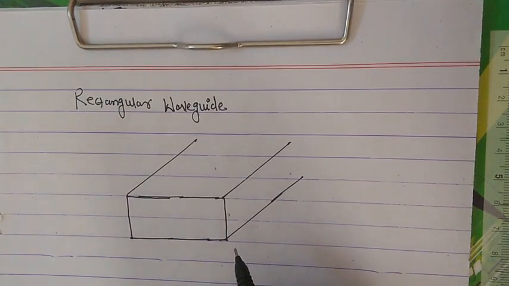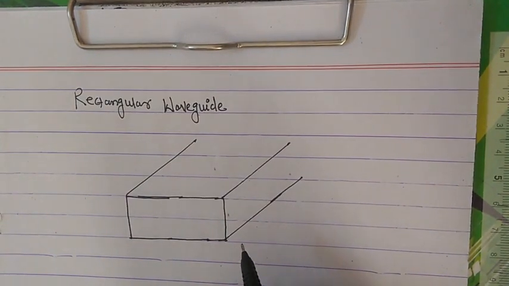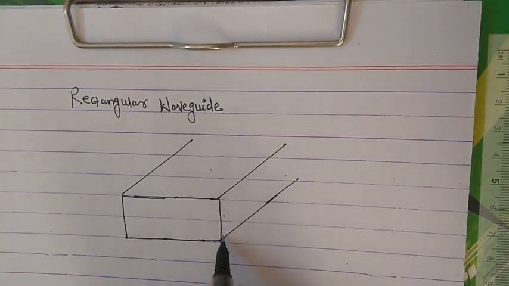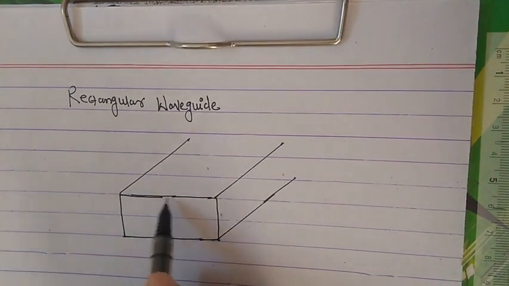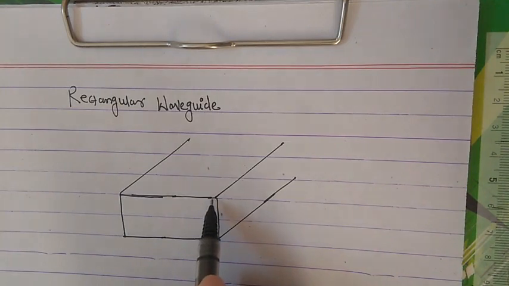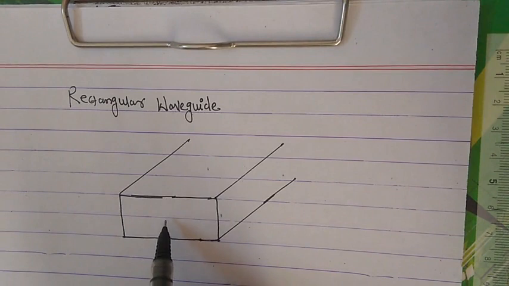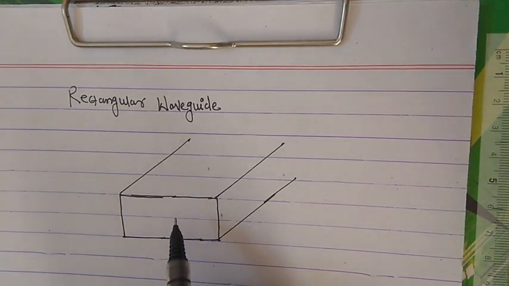We consider the waveguide is made up of ideal conductors. So the boundaries of this waveguide are made up of ideal conductor, and the dielectric filled inside this waveguide is an ideal dielectric.